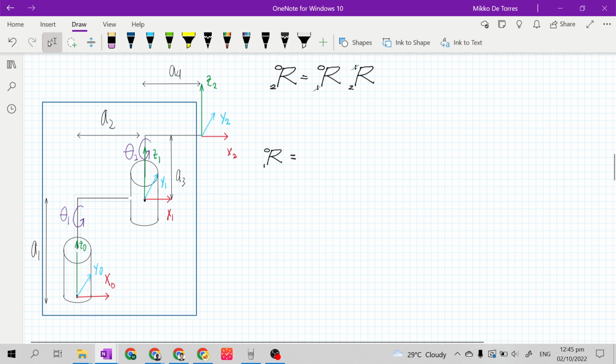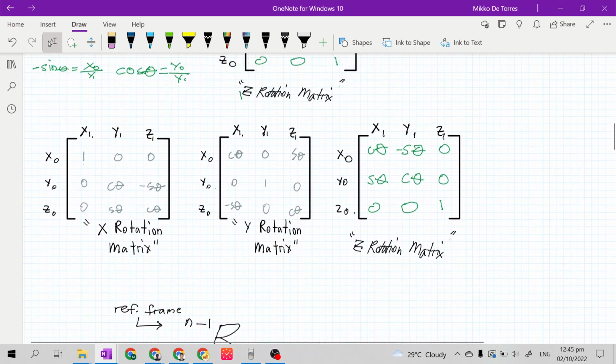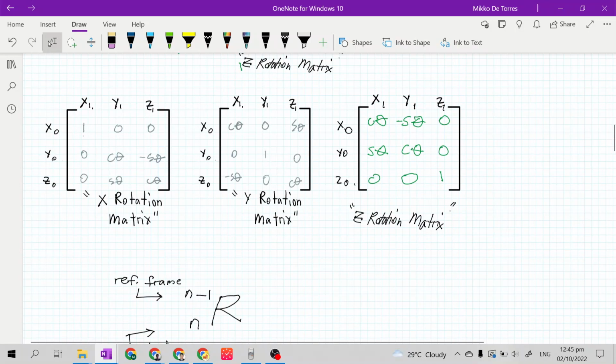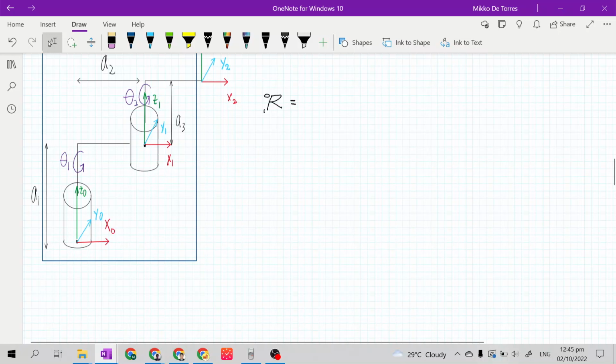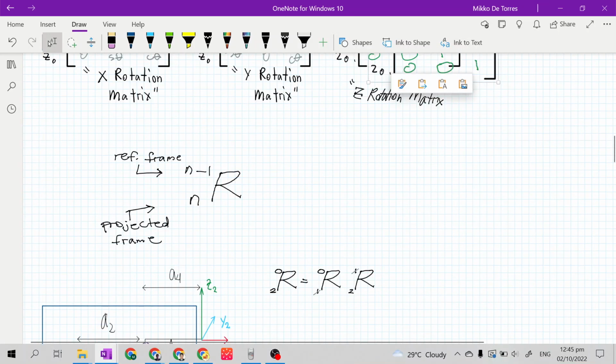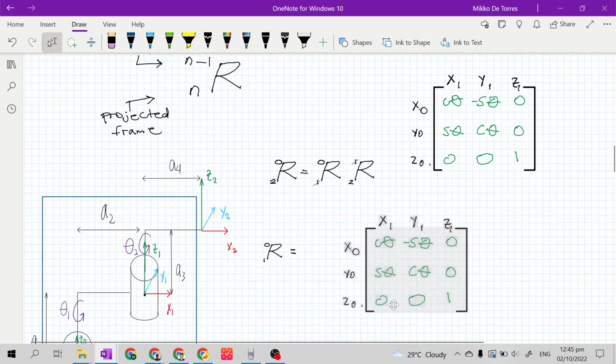It is at the axis of z sub 0. If we recognize where theta 1 is indicated, or where we will rotate, so it is at the z axis, we will use our derived z rotation matrix because we have a rotation at the z-axis.